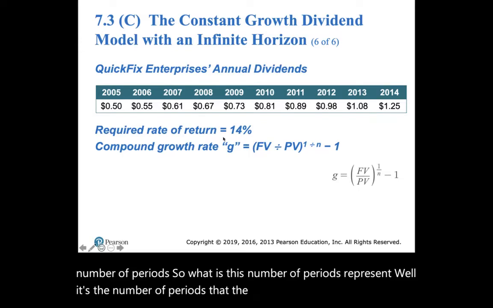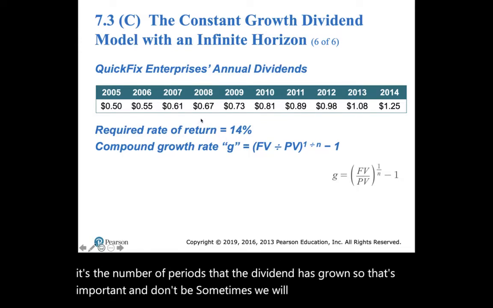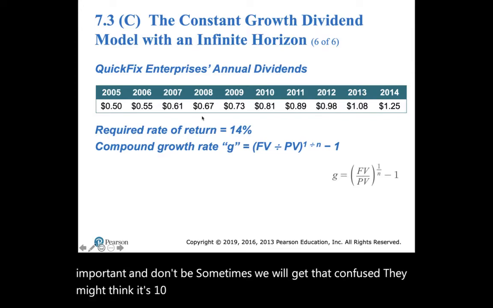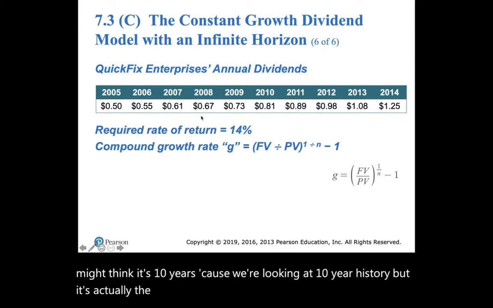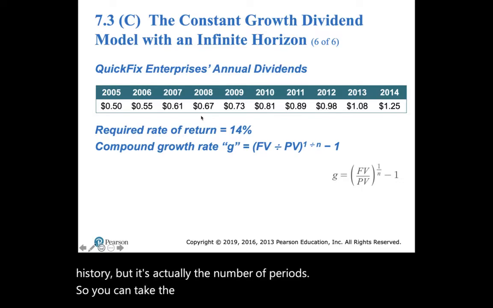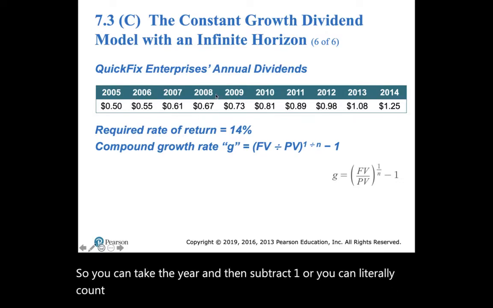So that's important. And sometimes people get that confused. They might think, oh, it's 10 years because we're looking at 10-year history, but it's actually the number of periods. So you can take the year and subtract 1, or you can literally count 1, 2, 3, 4, 5, 6, 7, 8, 9. Okay, so 9 is the number of periods that the dividend has actually grown.